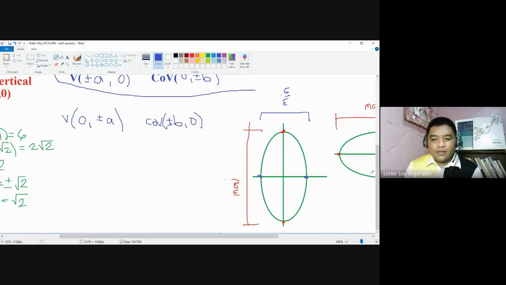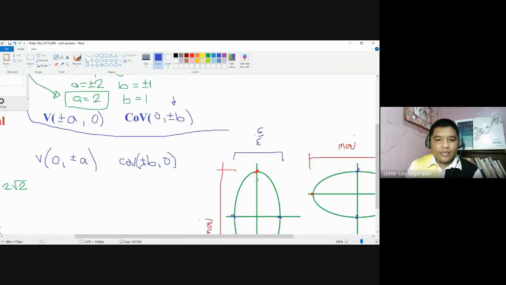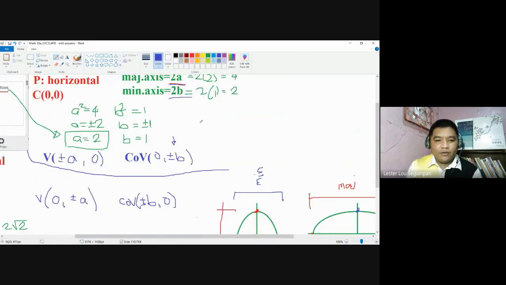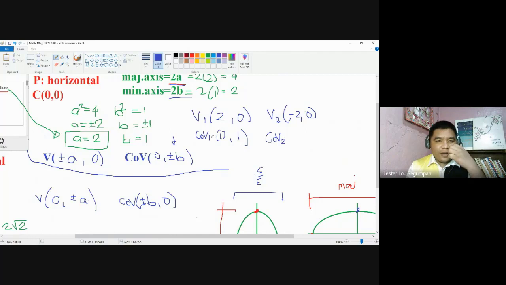Let's use this to get our co-vertices and vertices with these values. So the vertices here, vertex 1 is positive 2, 0, and vertex 2 is at negative 2, 0. For the co-vertices number 1, you have here 0 and positive 1 using the value for B. And the co-vertices number 2, it's not COVID, do not worry.